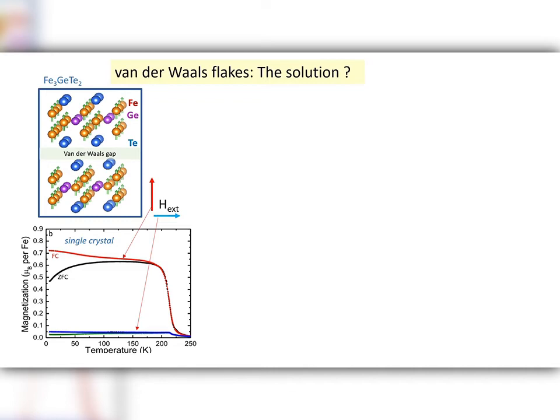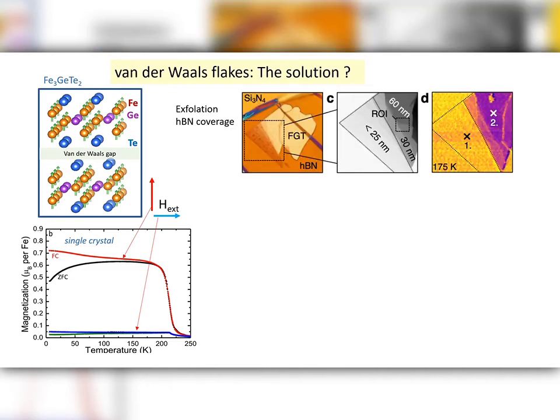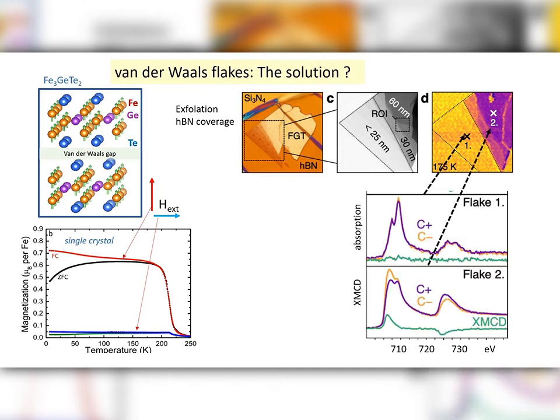You can increase the Curie temperature close to room temperature if you increase the iron content, but then you also lose the van der Waals properties. Here are our X-ray transmission measurements. The advantage we have with X-ray transmission is that we can also do spectroscopy, which shows you the following.